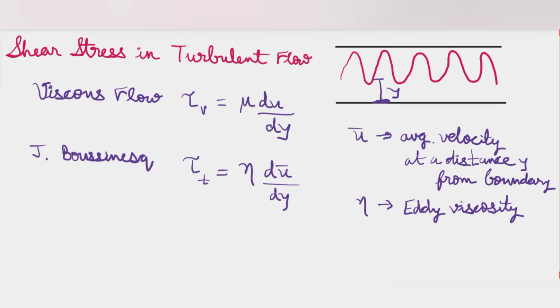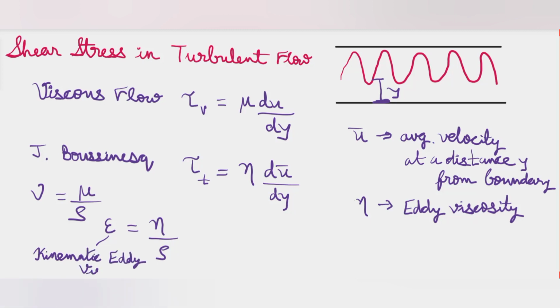Like in the case of viscous flow, we had seen that nu is equal to mu by rho, that is, kinematic viscosity is equal to dynamic viscosity upon density. Same way here, kinematic eddy viscosity is equal to eddy viscosity divided by mass density. So this epsilon is my kinematic eddy viscosity.